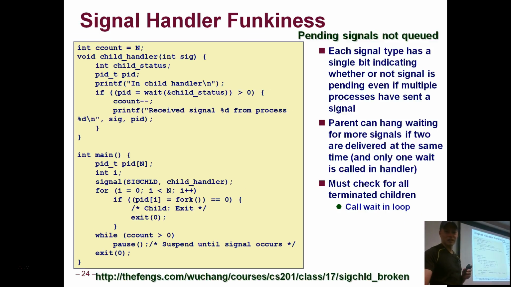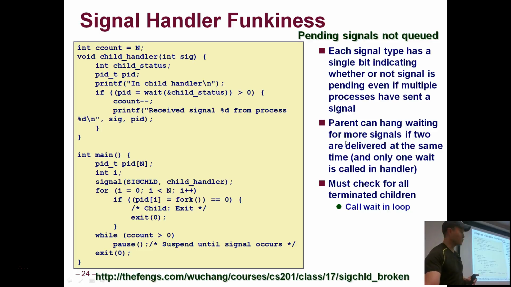Non-blocking wait. Okay, but this is the issue. There's only a single bit indicating whether or not a signal is pending, and even if multiple processes have sent that signal, only that single bit is set, and so the parent can hang waiting for these signals.